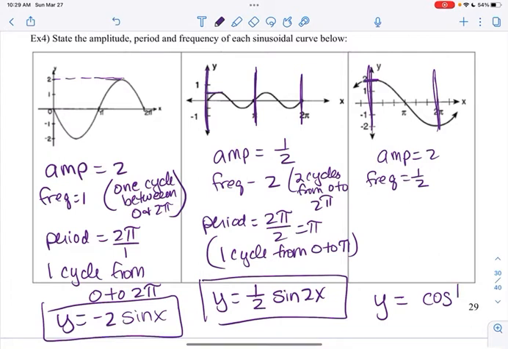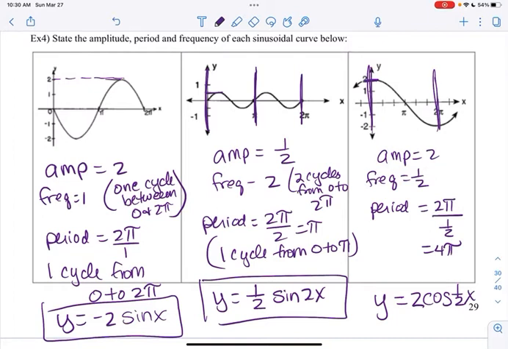That's my b value. And I already knew that my a value was 2. They did want me to find the period, though. The period is 2 pi over b, and b happens to be 1/2, so my period is 4 pi. I have 1 complete cycle between 0 and 4 pi. So we have to keep that period in mind for when we go to graph them.